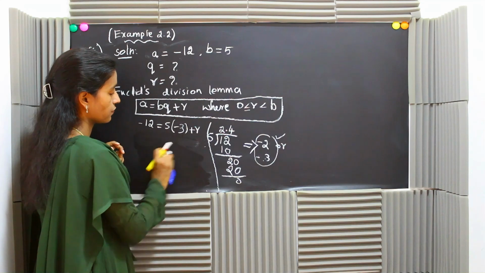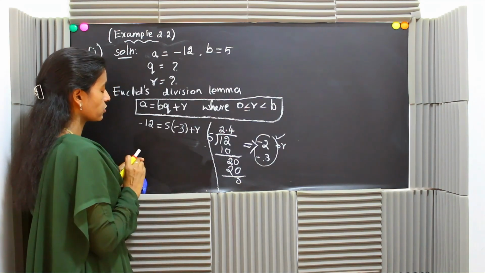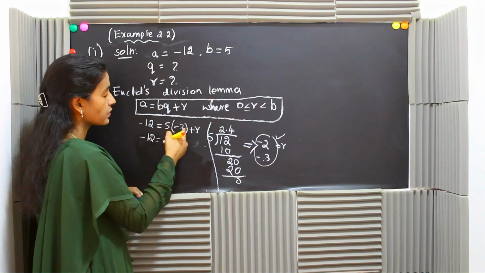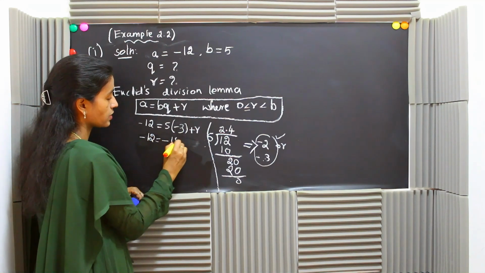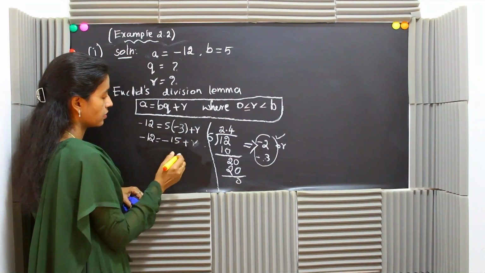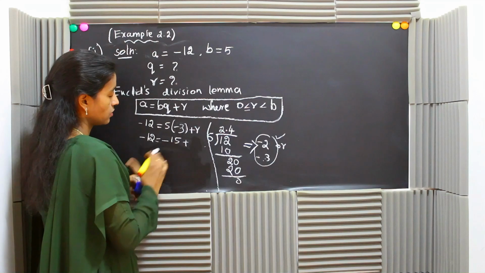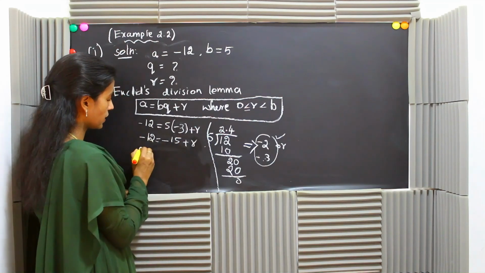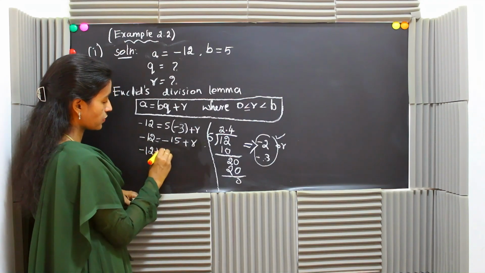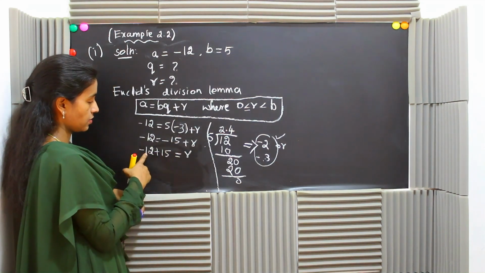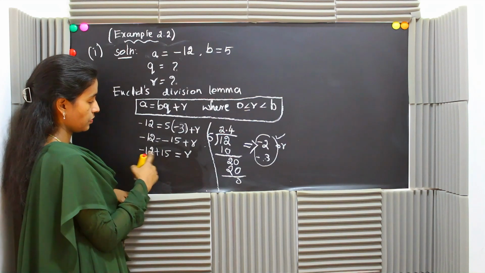So now we are trying to get the R value. Then 5 into minus 3, minus 15, plus R. If I want to take minus 15 to this side, that becomes plus 15. So here the answer would be plus 3, right?